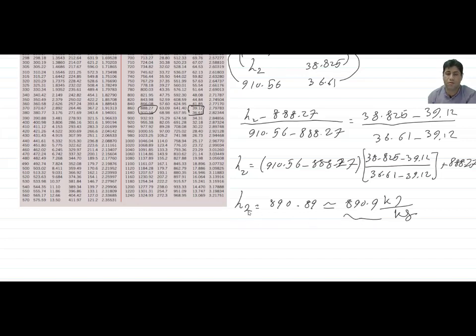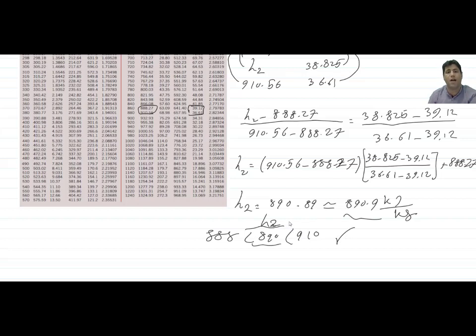Again, to check, you need to compare the H which you calculate here with the enthalpies which you have here. Here we have 888 and 910. What we found, 890.9, is between those two, and it also satisfies the checking method for the interpolation.